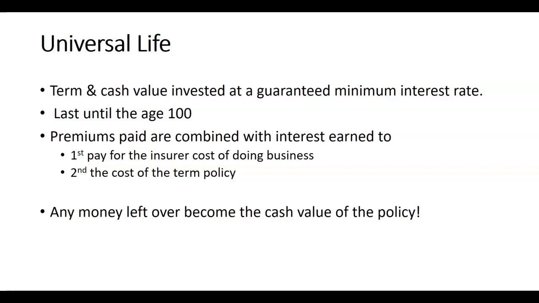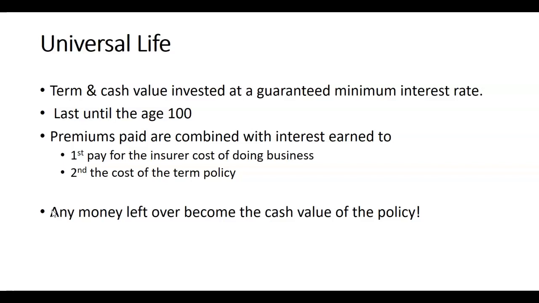The same as with whole life, universal life offers that the policy lasts until age 100. So premiums are paid and combined with the interest earned. The 2 bullet points that we see down here for the premiums that are paid in combination with the interest earned are that they first pay for the insurer's cost of doing business, and then the second thing is the cost of the term policy.